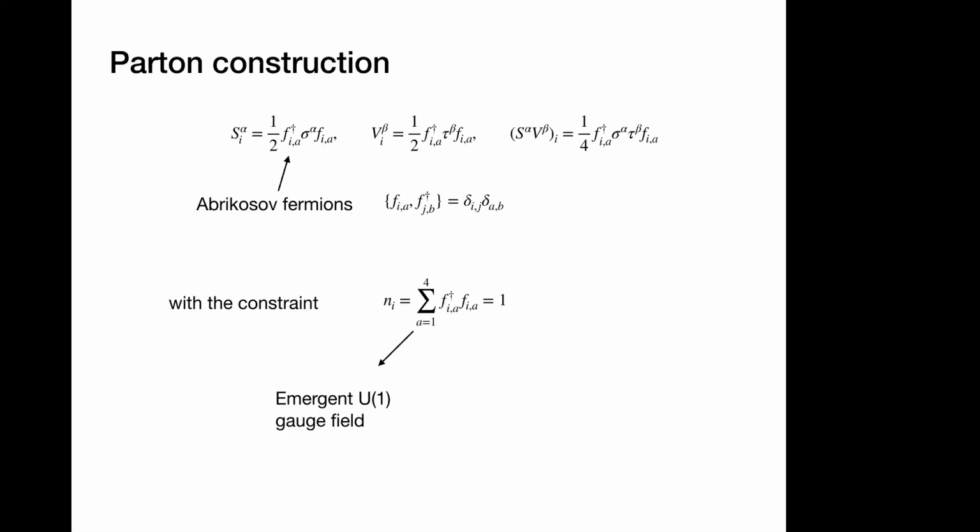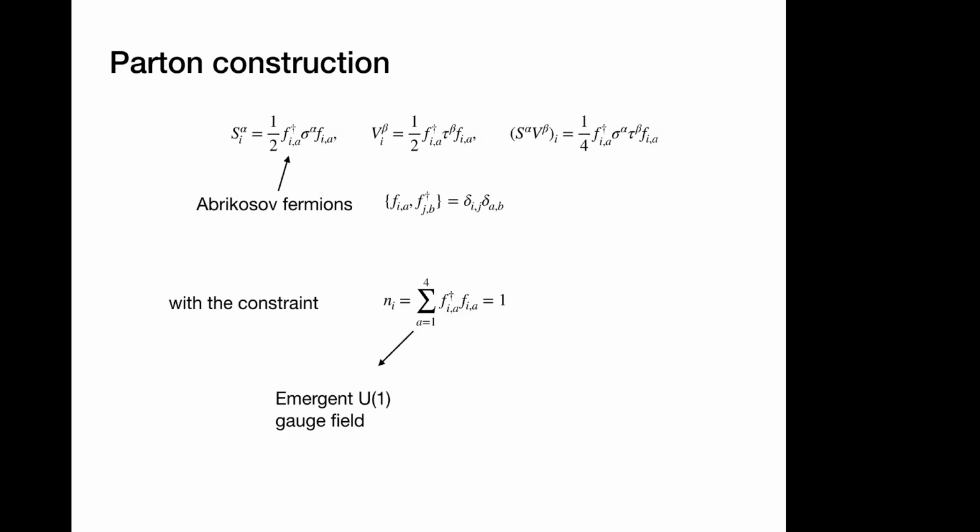The statement is that I can exactly represent my spins in terms of these fermions in the following way, if I also introduce the constraint that the number of these fermions on each site is exactly 1.